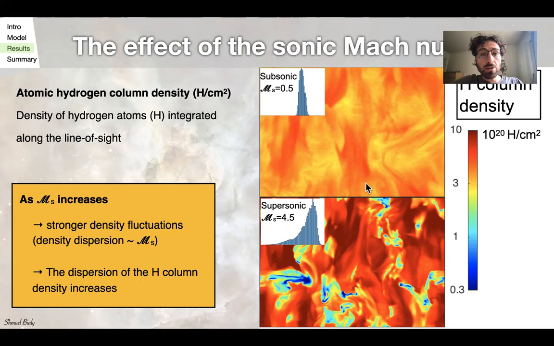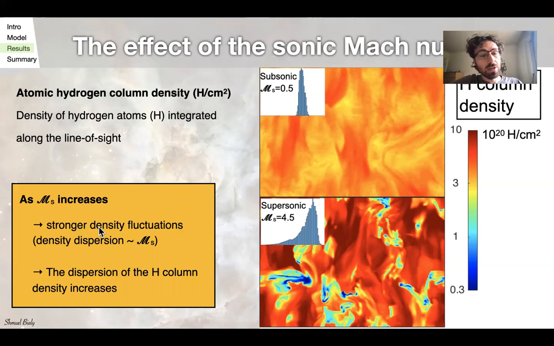This is a known result. And this in turn also affects strong fluctuations in the formation and destruction of molecular hydrogen, and therefore makes the PDF of the column density of H1 also broader.